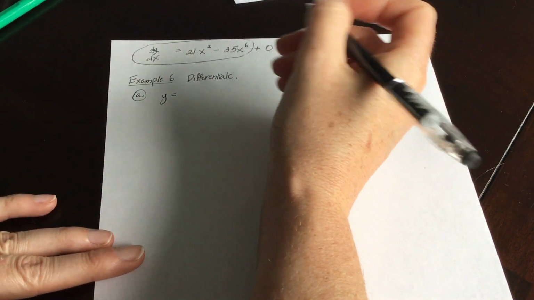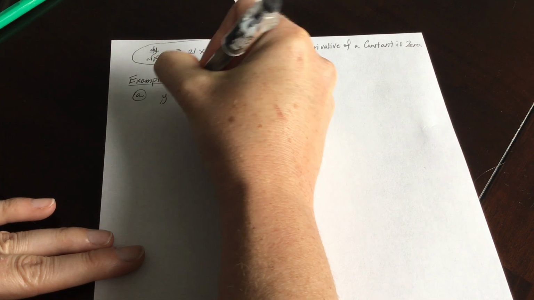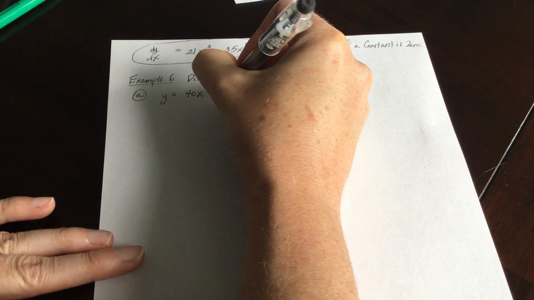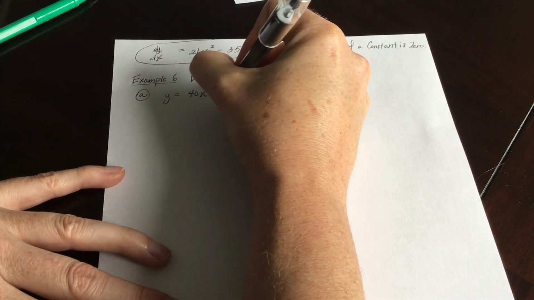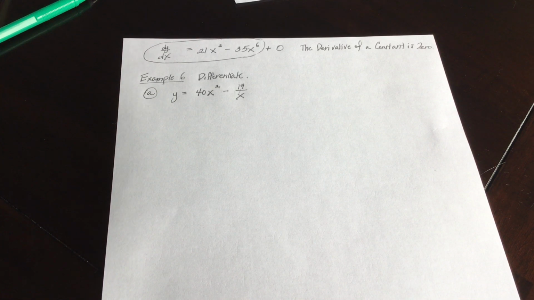So y equals 40x squared minus 19 over x. Okay, all right, try to stay ahead of me. Pause the video if you need to.